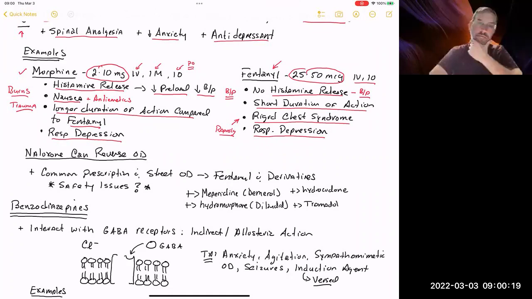Before I do that, however, I do want to talk a little bit about fentanyl and its derivatives, sufentanil, carfentanil, remifentanil, etc. There has been a lot of press lately about the safety of these agents. And what I mean by that is people being exposed potentially to these agents in the pre-hospital environment.